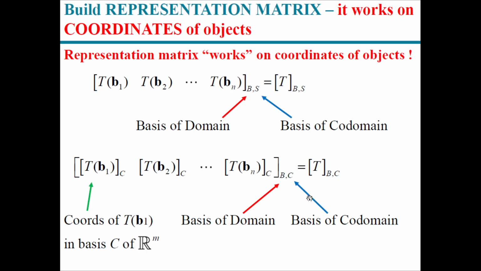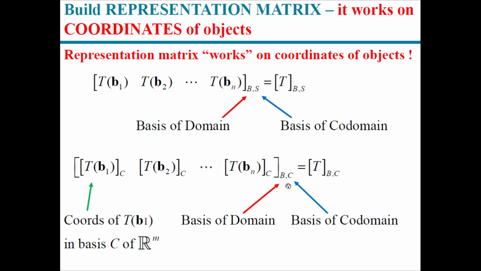But if your basis for the codomain is not standard, like here it's C, that means now it's not over. You need to express each single one of these vectors that you got. You need to find their coordinates in basis C. Good luck, it's long.